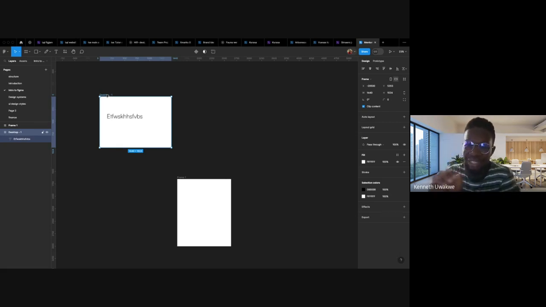What I mean by extended desktop is, when you open a browser tab, your browser doesn't fill your screen unless you maximize your window. If you don't maximize the window, it has a specific size. That size is what we have here, which is 1440 in width.